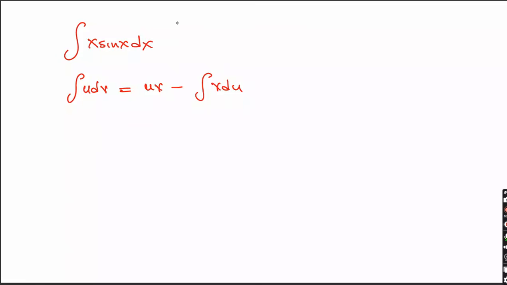Now, the first important thing, we need to identify the value of u, the value of v, what is dv, and what is du. This is the next thing which we are going to do. From LIATE, the same LIATE that we are using, we said u is x, and that remains true. So u is x.